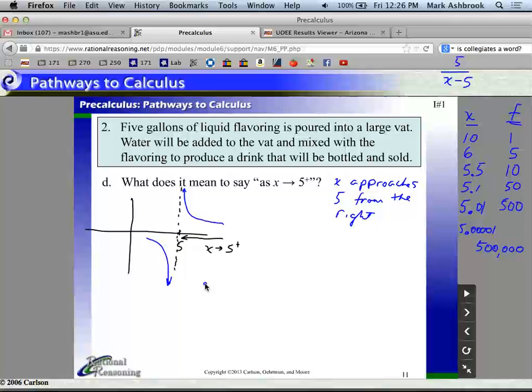Your output gets large, and why is it doing that relative to the function? We have f of x is 5 over x minus 5. Notice it's like we're trying to make that denominator 0. As x approaches 5 from the left or the right, this is getting closer and closer to 0.